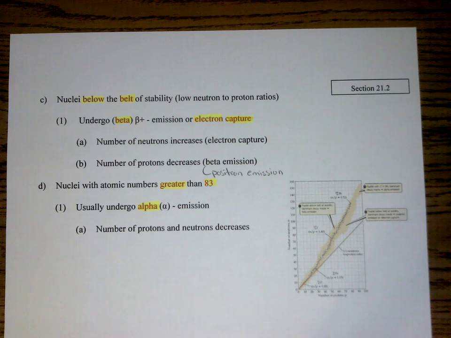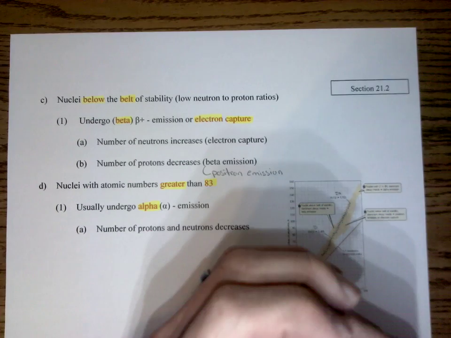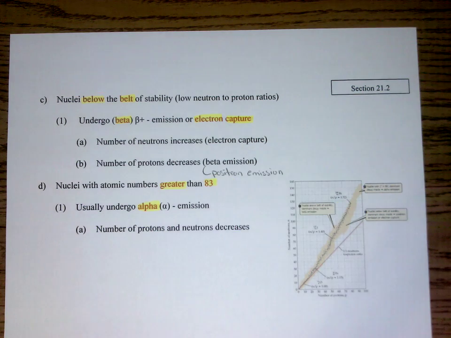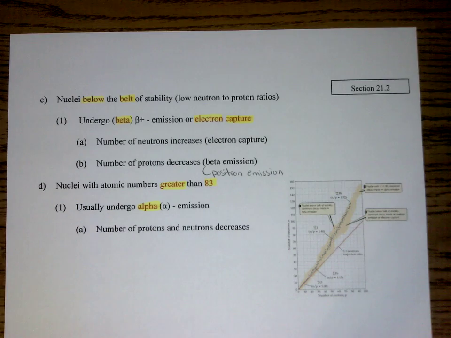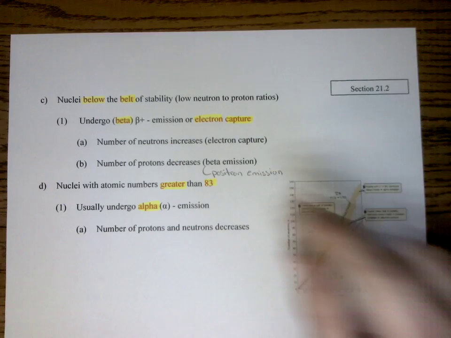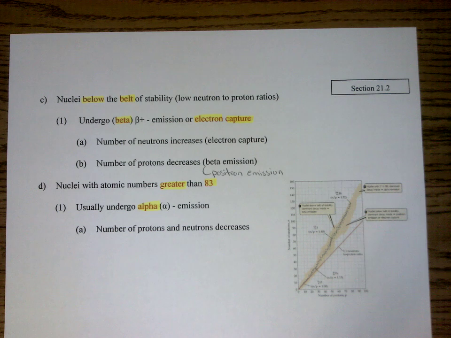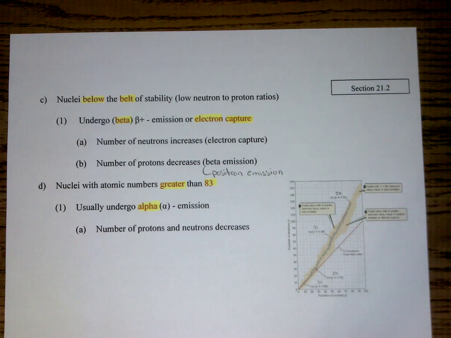Again, the reason that we're undergoing radiation is we've reached our limit. We have too much stuff in that nucleus. And so at that point, we can't maintain that stability. We have to get rid of some stuff. That's why items with atomic numbers greater than 83 are going to undergo that alpha emission until they get to this point.